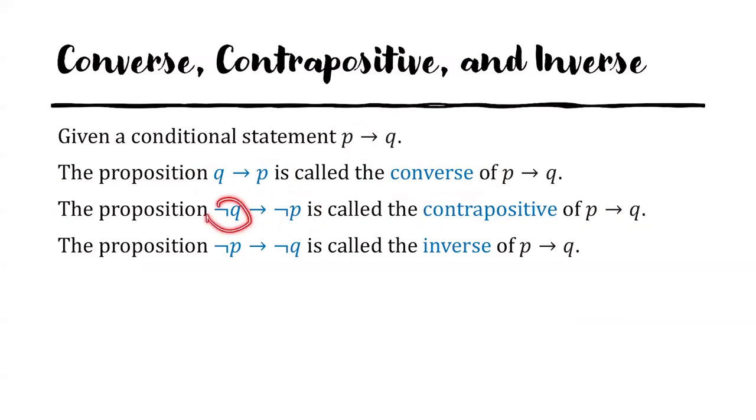So you have not Q implies not P. That will be the contrapositive of P implies Q.